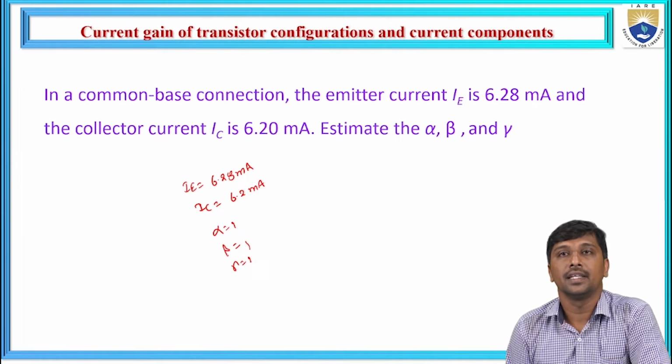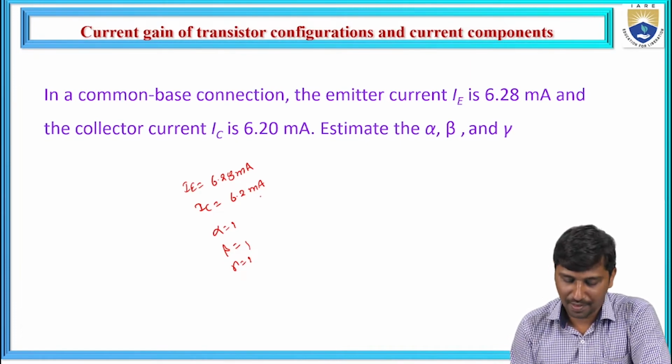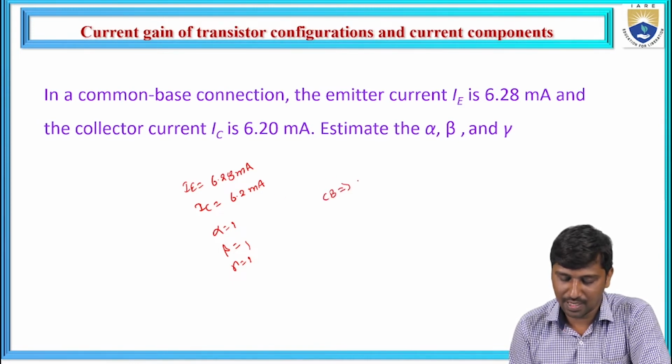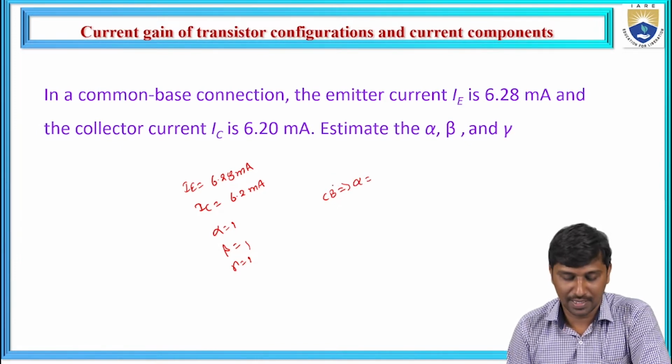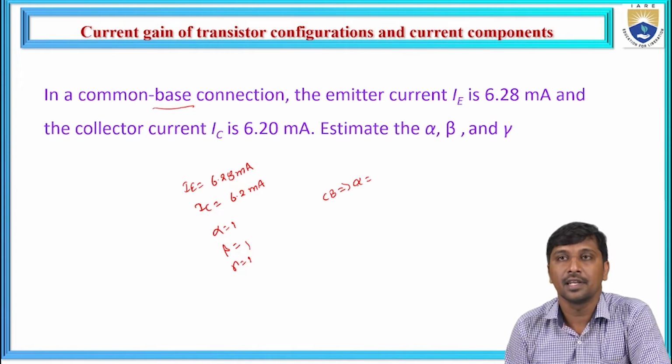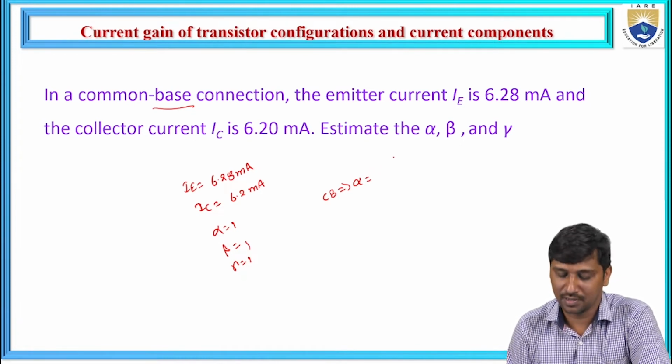Based on these given specifications, under the common base configuration we first estimate alpha. In a common base configuration, alpha is defined as the ratio of output current to input current.